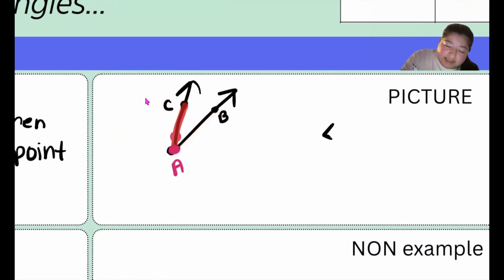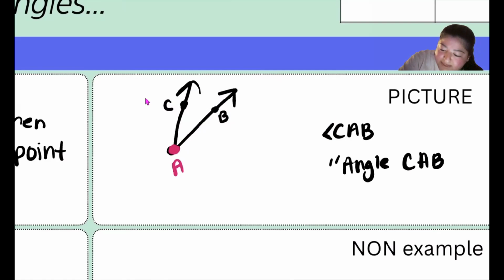So C to A to B. I'm mirrored right now. So C to A to B. C, A, B. This is called angle CAB. Okay.